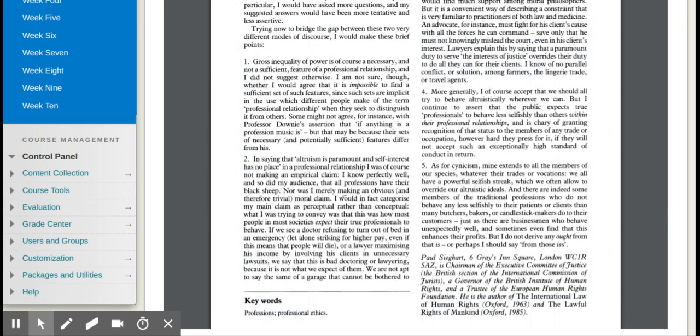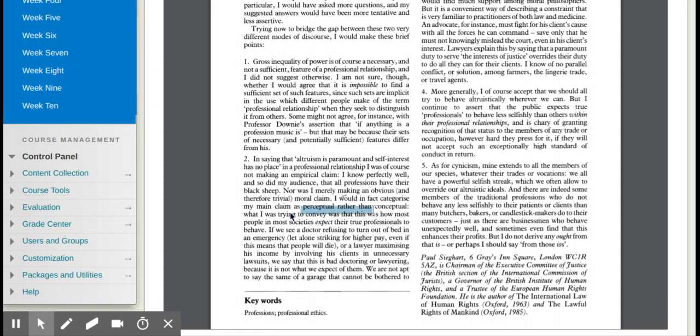I think that one of the most important things that he says in his defense is this idea that his point about altruism, rather than being an empirical, conceptual, or moral claim, he says it's a perceptual claim, which I find very interesting.